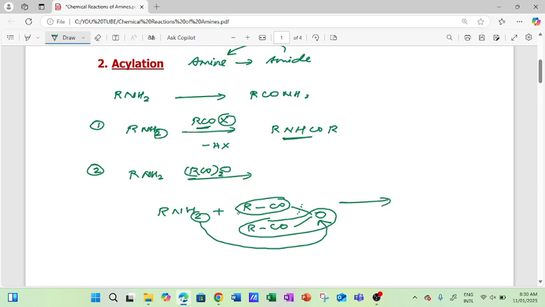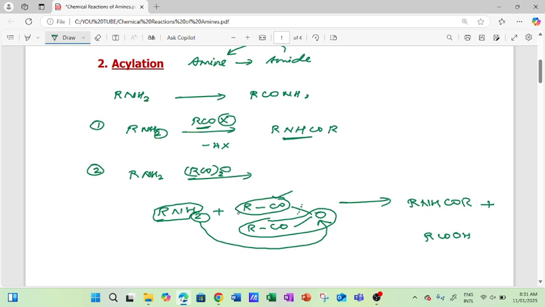As a result, we get RCOOH, which is a carboxylic acid. That is the byproduct. And the main product is RNH, which connects with the second part of this anhydride, COR. That is amide. So we get amide and a carboxylic acid.